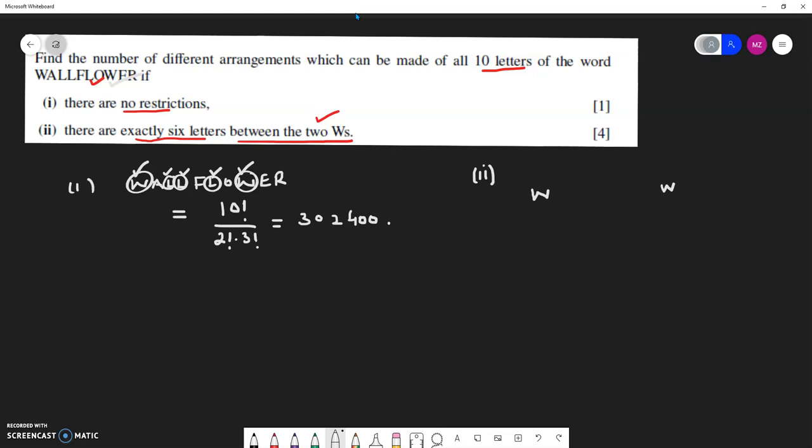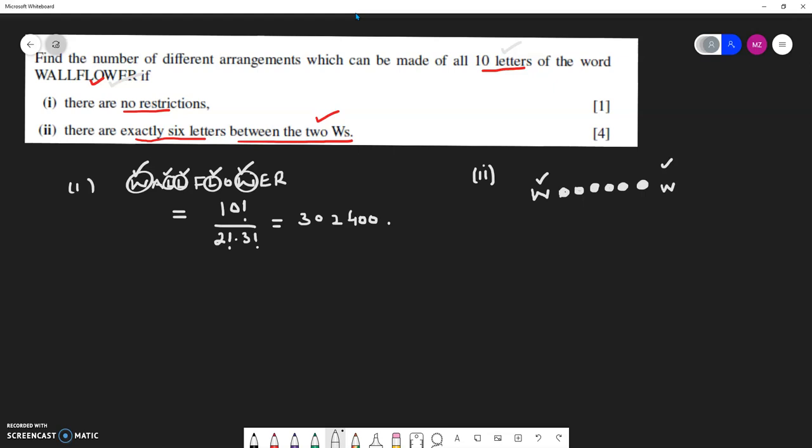As you know, this word contains 10 letters. So we take these two W's here, and according to the condition, in between the two W's there must be 6 letters: one, second, third, fourth, fifth, and sixth. So these are the places where you can place those 6 letters.